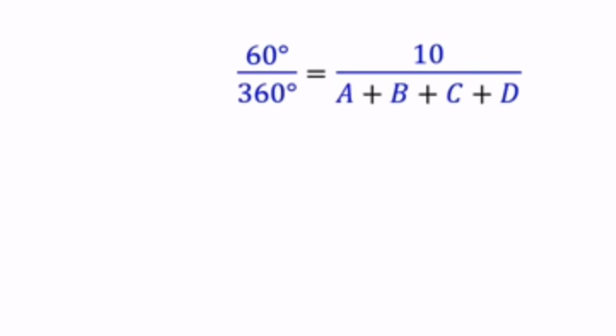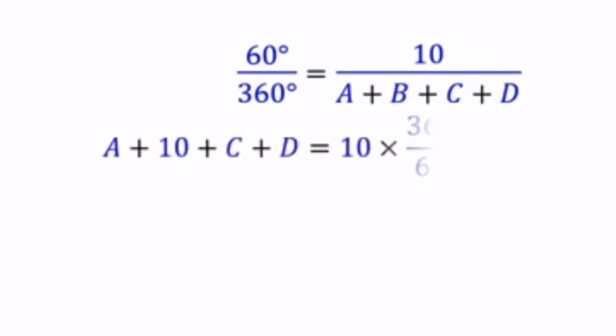Every time when you do the ratio, we always do comparison between the specific portion with the total portion. Because the B is 10, you can write A plus 10 plus C plus D is equal to 10 times 360 degree over 60 degree.